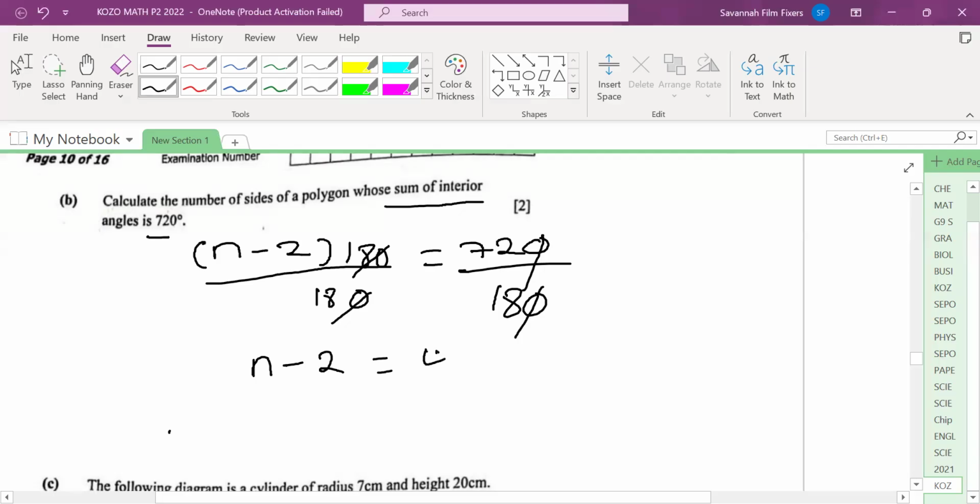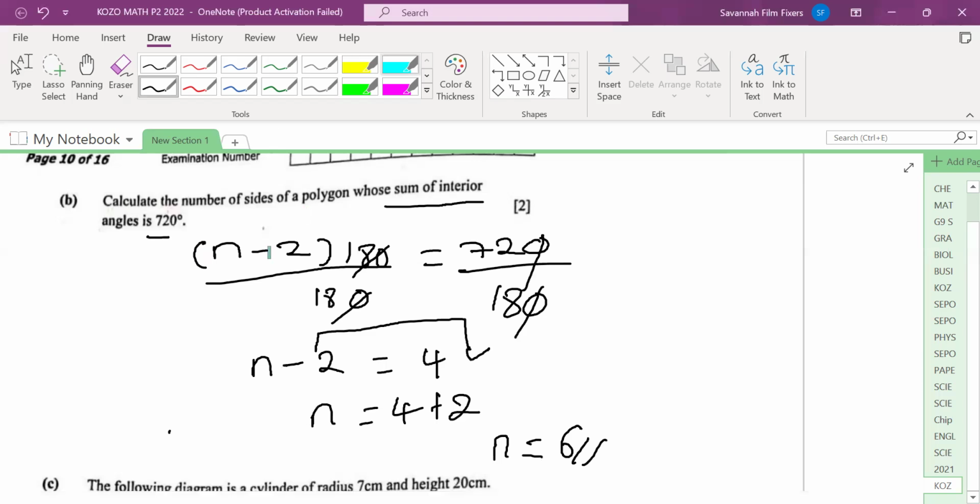Then this can cross the equal sign. n will be equal to 4 plus 2. Therefore, n will be equal to 6. So please don't forget this formula, put it down also tomorrow.